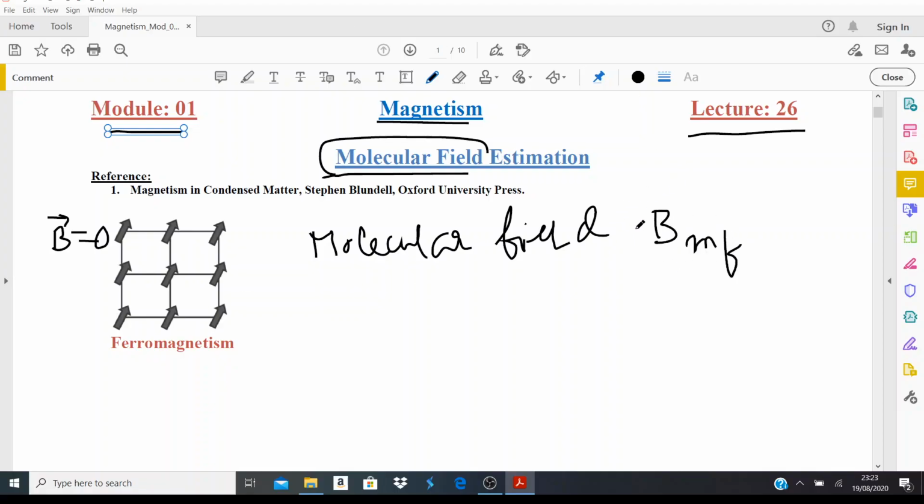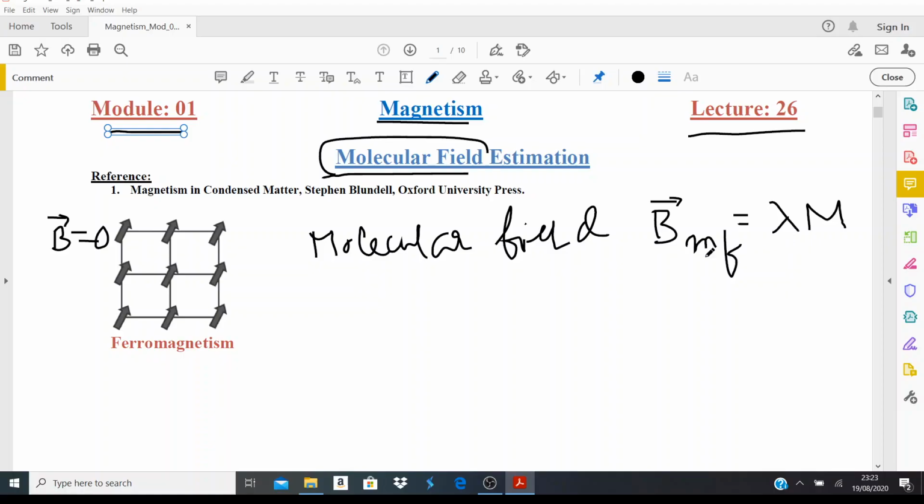And this internal magnetic field, which is a molecular field, is given in our model by some constant lambda times the magnetization. This lambda is positive for ferromagnetic material and lambda is negative for anti-ferromagnetic material. But those details are not important for this lecture.